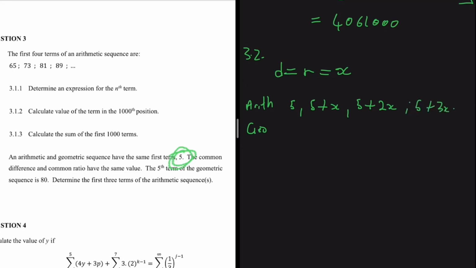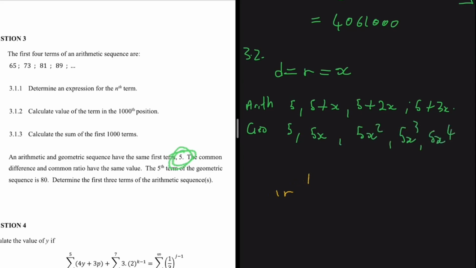And so on, right? And then for the geometric series, the first term is 5. And then the second term, we know fully well that the formula is ar to the n minus 1, right? So for the second term, we're going to have 5x. And then for the third term, we have 5x squared. We have 5x to the 3. And the fifth term, we have 5x to the 4.